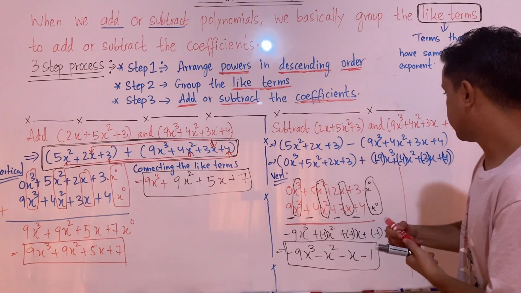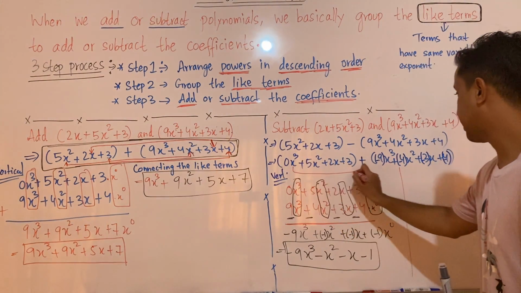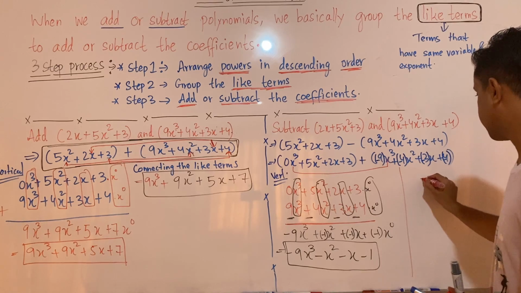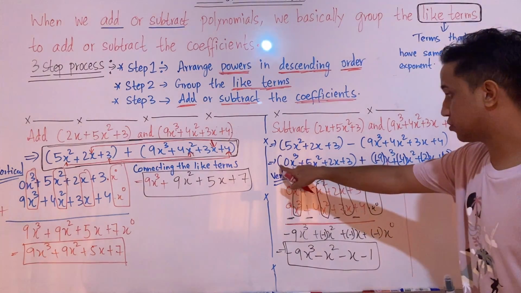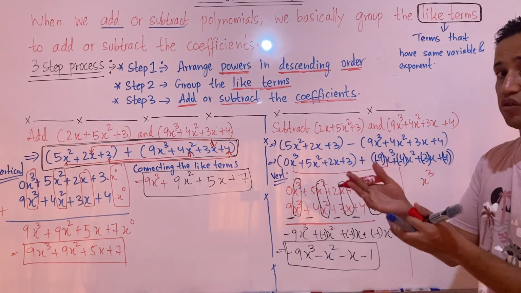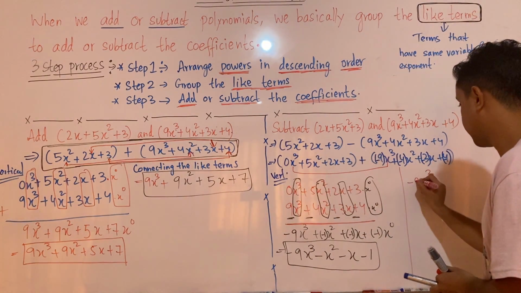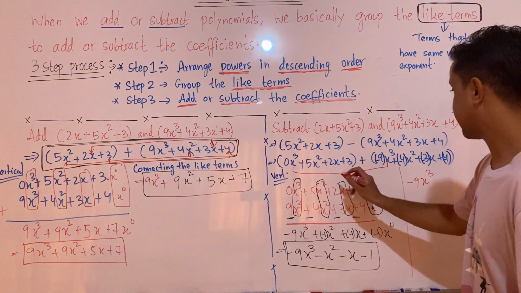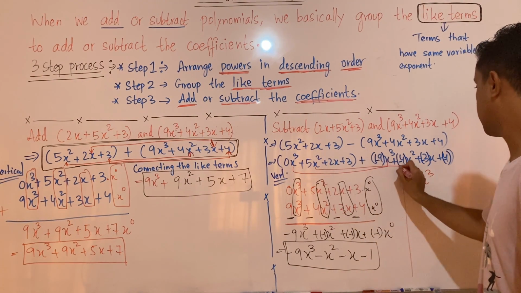So now you can connect the like terms. The like terms here, x cubed, and the coefficients must be added. So here the coefficient is 0 minus 9, so minus 9x cubed. Now the next like terms are this and this.